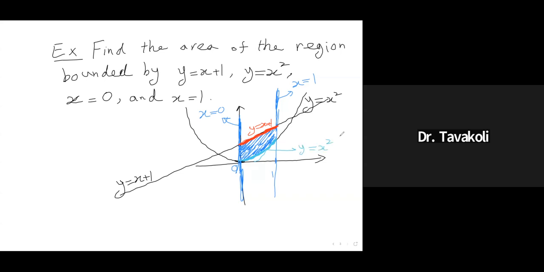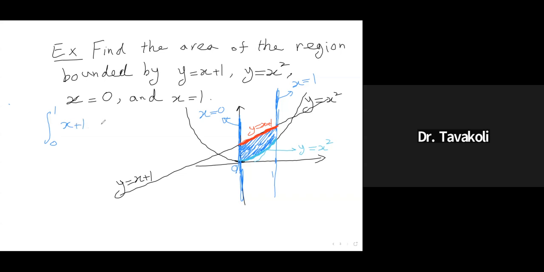So when I want to form the integral to calculate that area, we should do the integral from 0 to 1. The bigger function first. X plus 1 is bigger than x squared from 0 to 1.